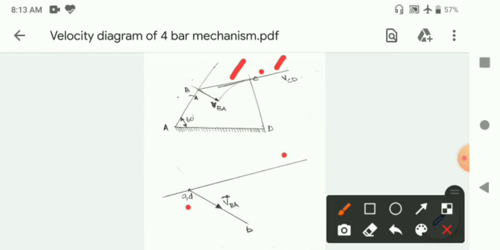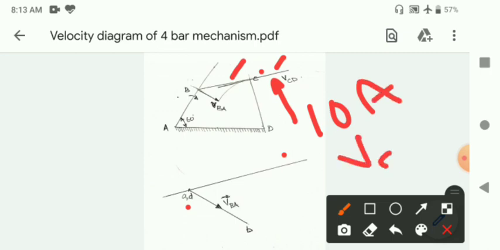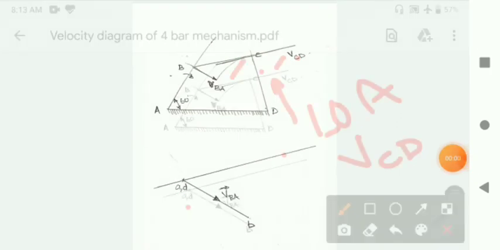Okay, and again I am going to remind you, this line is nothing but the line of action of velocity of C relative to D. Line of action, because we don't know the exact direction, but we know that the direction of velocity will be along this line. That is why we call it the line of action.